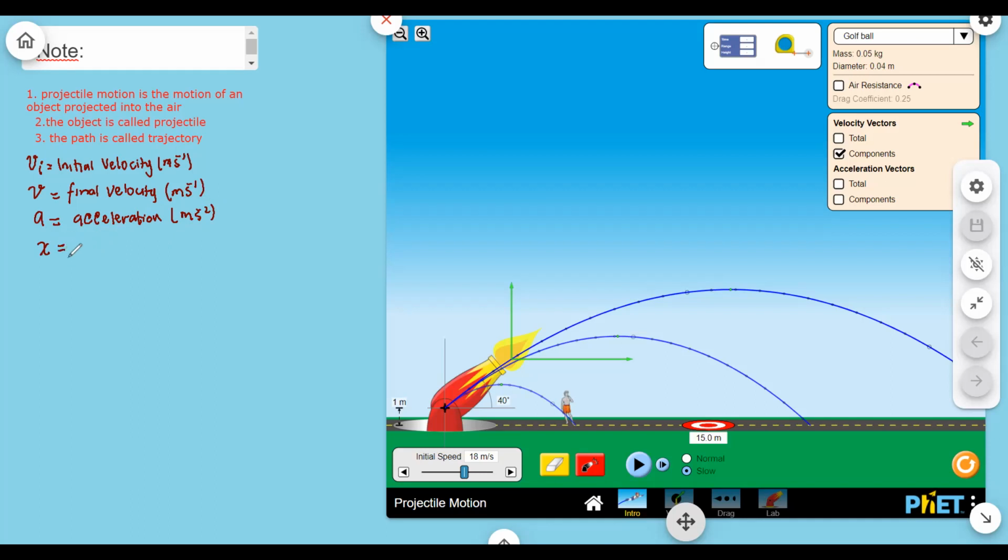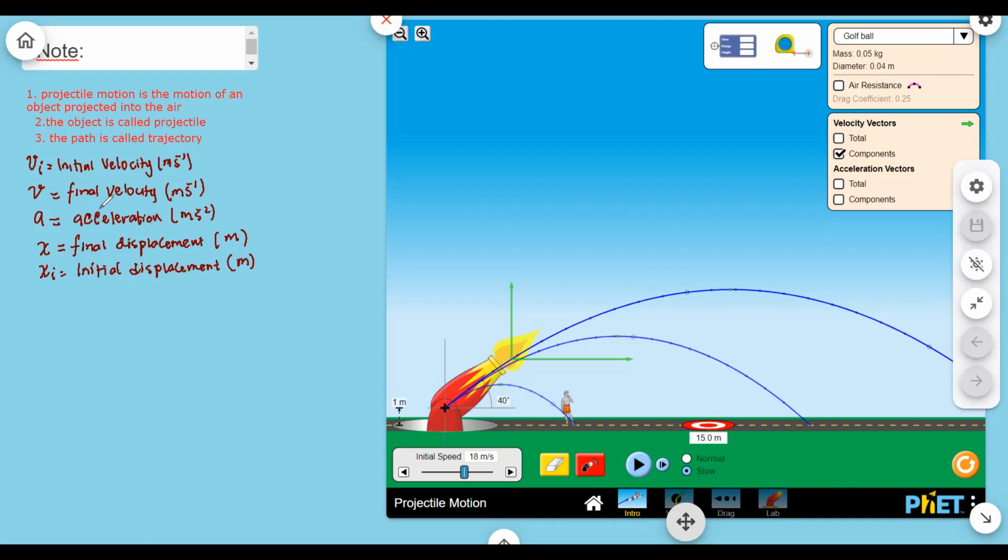The first one is the final displacement x, and the unit is meters. Xi is the initial position or displacement, and the unit is meters.